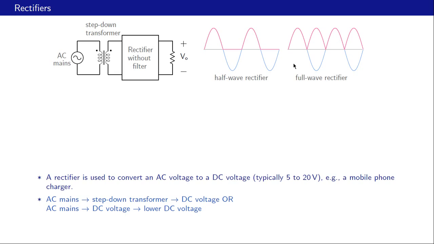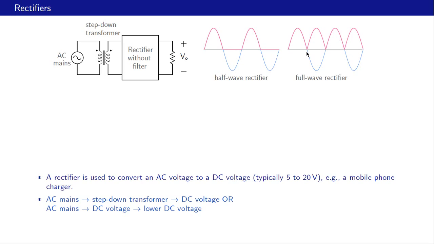Here are the waveforms for a full wave rectifier without a filter. The blue waveform is the input voltage again, as it appears here, and the pink waveform is the output voltage. And the difference between these two cases is obvious. In the full wave rectifier case, if VI is positive, then VO is equal to VI, and that part is similar to the half wave rectifier case.